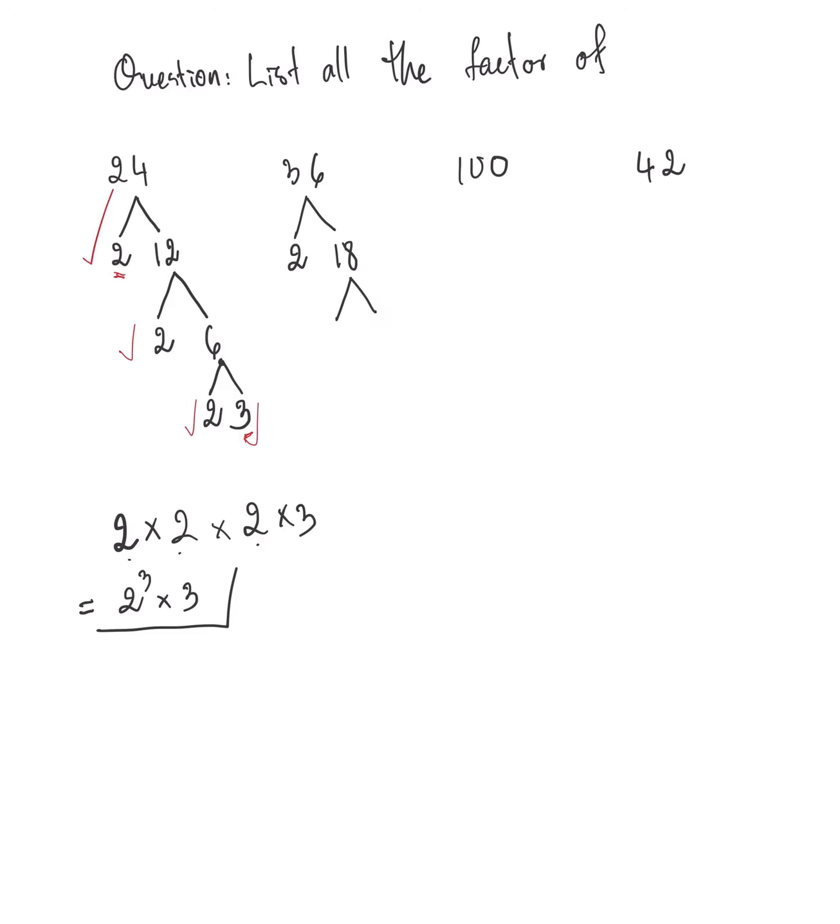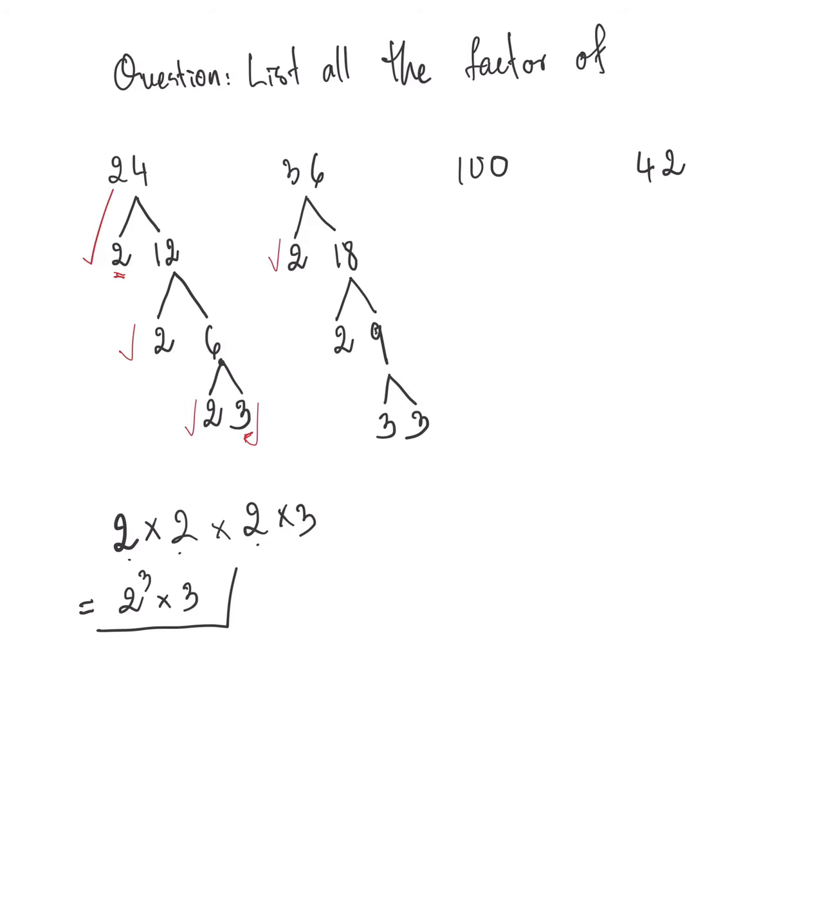So what times what gives 18? Let's say 2 multiplied by 9. Then 9 is not a prime number, so I'm going to continue. 9 can be divisible by 3, so I'll say 3 multiplied by 3. Now let's check.